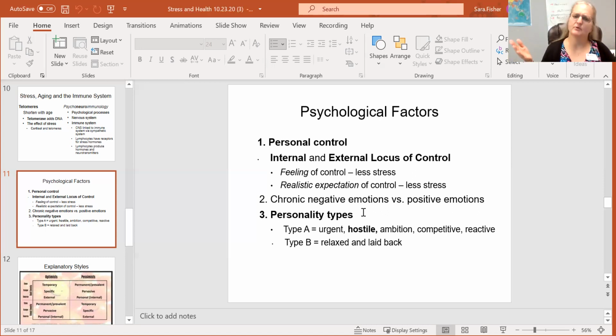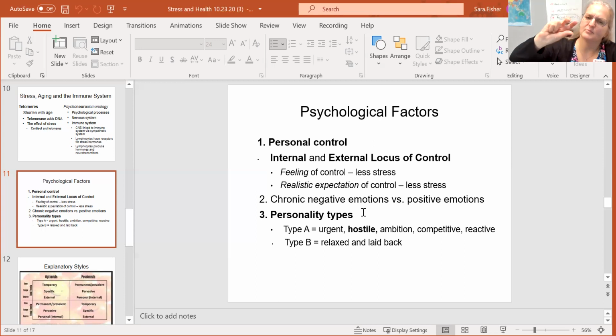So type A people are characterized by always being in a hurry, being ambitious and competitive, and maybe always kind of on edge. And type B people are characterized by being a bit more laid back, a little more chill. Some research says that doesn't make any sense. Just because I'm competitive or have a sense of urgency doesn't explain heart disease.